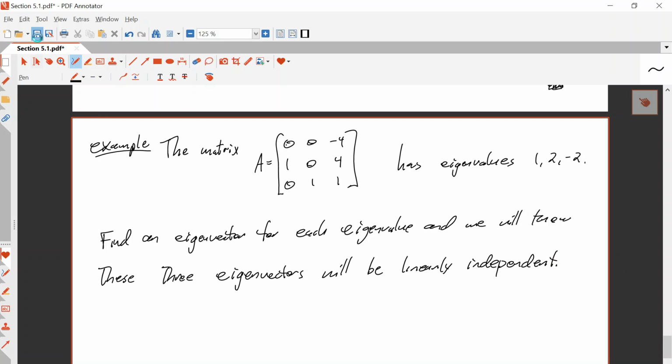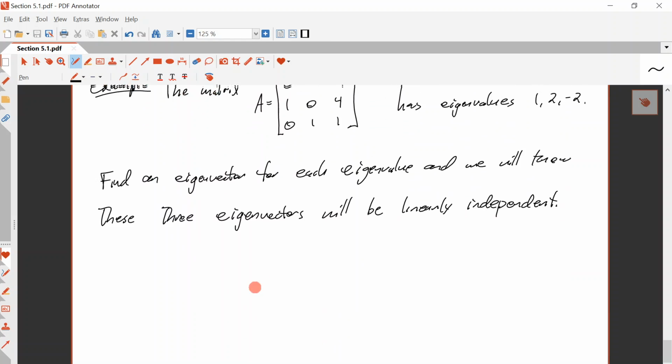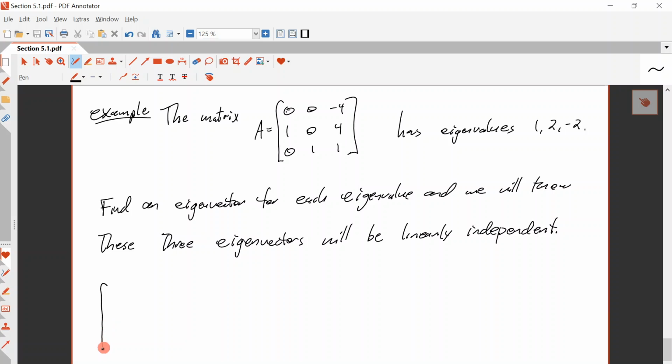Okay, so let's do this as fast as we can. So 0, 0, minus 4, 1, 0, 4. We'll start with lambda, or k, equal to 2.